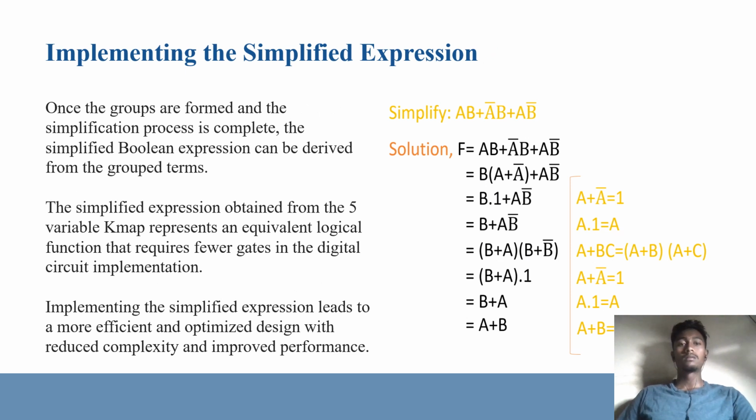The fourth step is implementing the simplified expression. Once the groups are formed, the simplification process is complete. The simplified Boolean expression is to be derived from the group terms. Here we can see that the simplified term has been derived and the solution is yet to be derived. The simplified expression obtained from the 5 variable K-map represents an equivalent logical function that requires fewer gates in the digital circuit implementation.